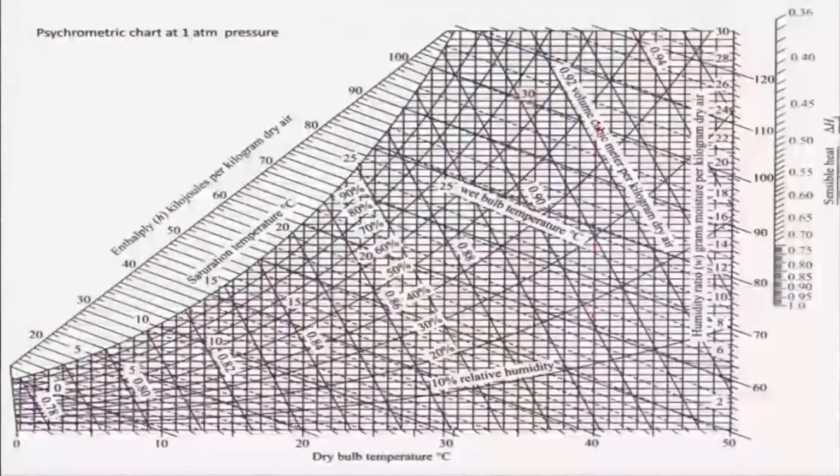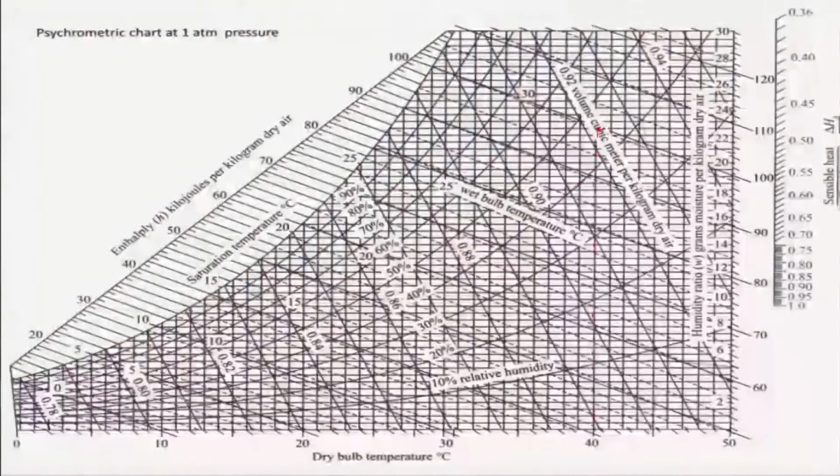Please be careful and look again. This is my wet bulb temperature, and I draw a vertical line. This is my vertical line. My wet bulb temperature is 30 degrees, and this dashed line is coming and crossing here. So what will be my relative humidity here?